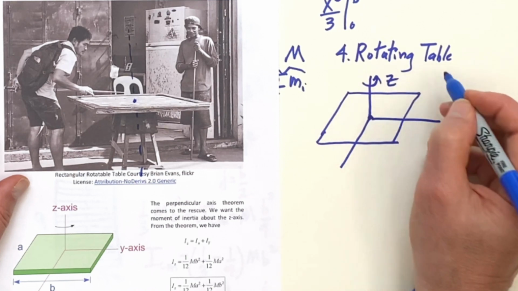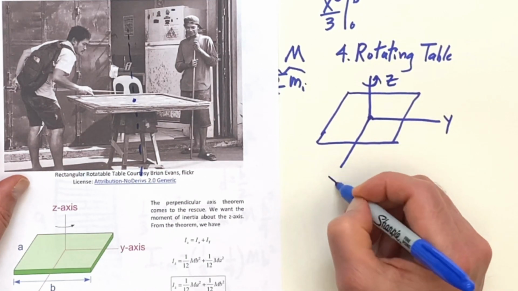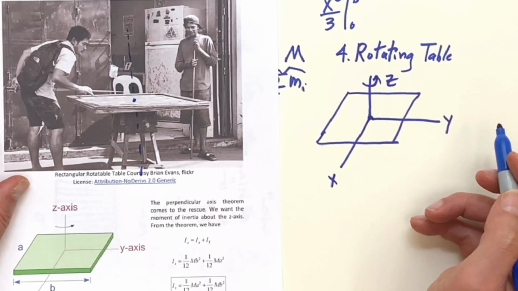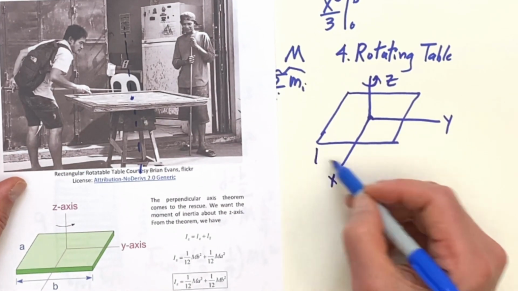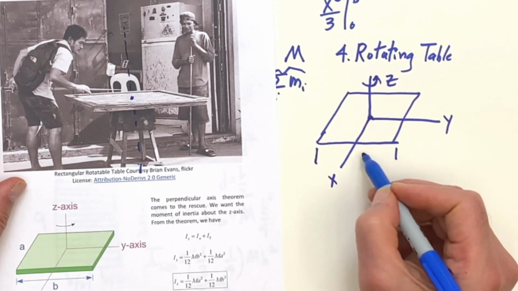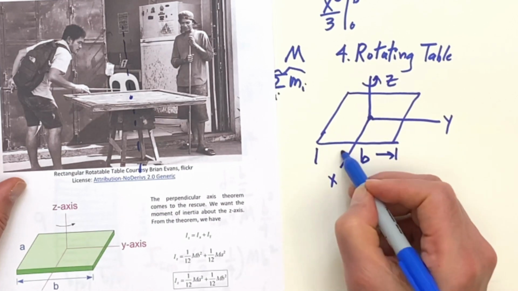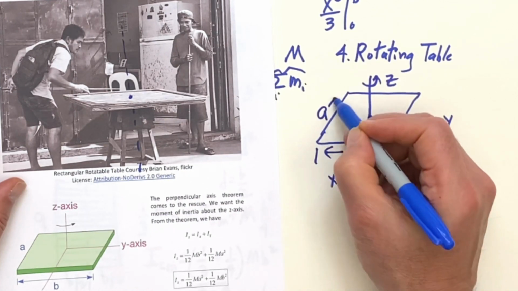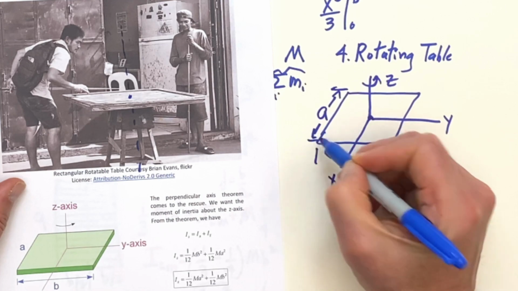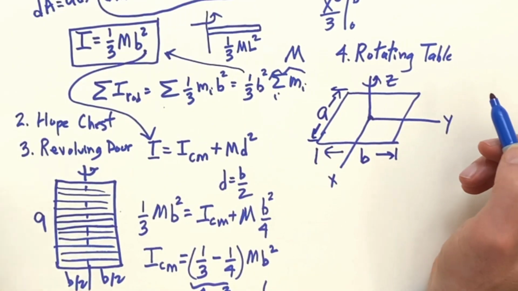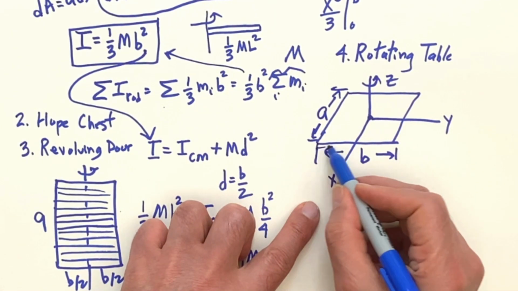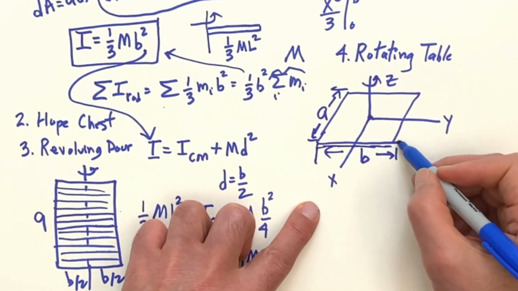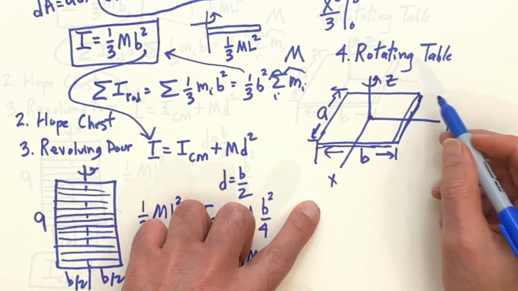So this is the z-axis, this is the y, and this is the x. It's a right-handed coordinate system. And this distance here we'll call B, and this distance here we'll call A. Okay, it's a little thickness there like that, if you want to sketch that in.